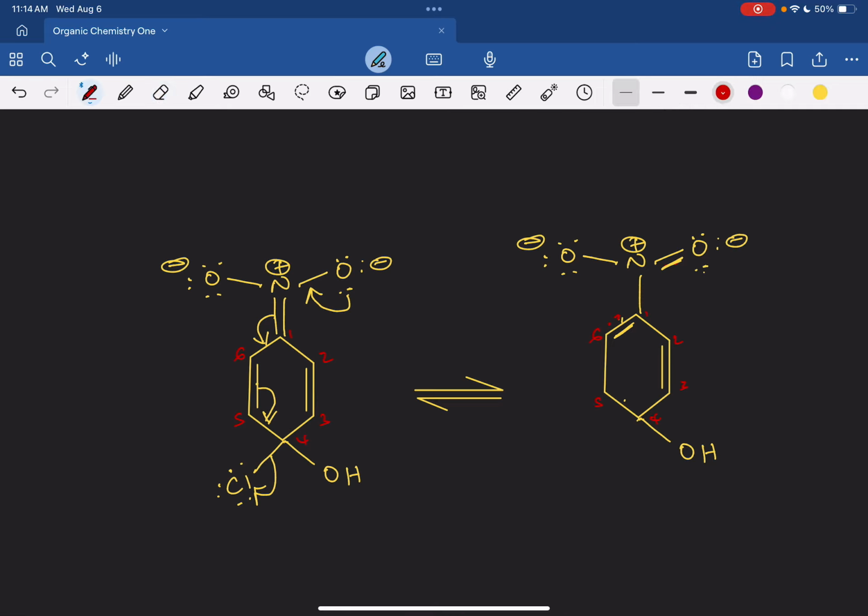It redistributed itself. That's what this arrow means. It means that this is here, between carbon 1 and 6. The bond that was between carbon 6 and 5 is now between carbon 4 and 5. So let's put it in. It's a redistribution. We didn't do anything over here with this, leave that alone.